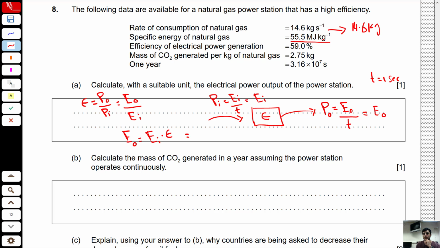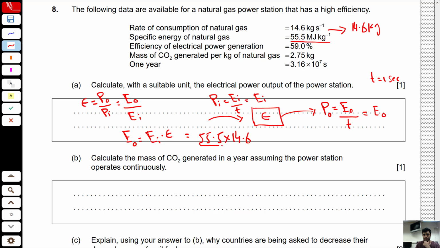Well, if each kg of natural gas releases 55.5 megajoules of energy, then how much energy will be released by 14.6 kg? So simple multiplication. Just multiply specific energy by the amount of mass available. So this gives us the input energy.